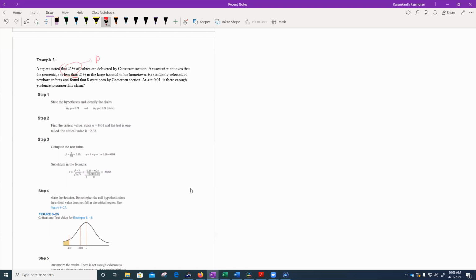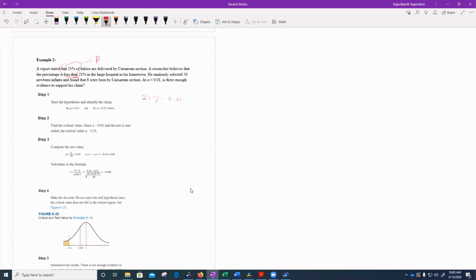That is going to be our alternate hypothesis, and the null hypothesis is going to be 0.21, since 21% is 0.21. Basically this is the researcher's claim.